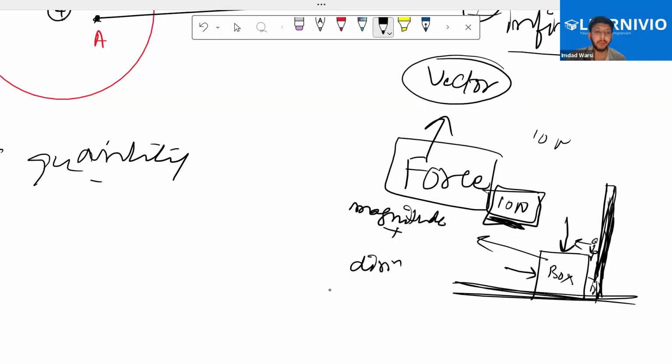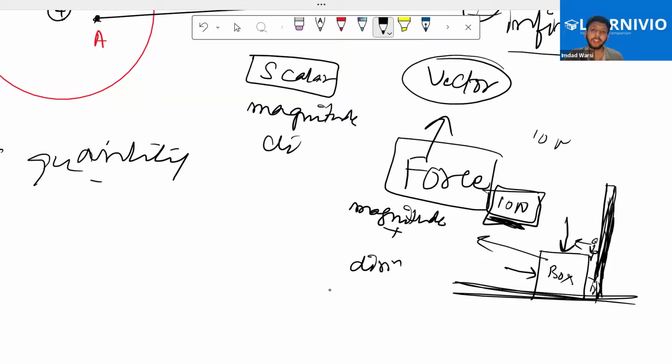On the other side is a scalar quantity. Scalar quantity is the one in which only magnitude is required. We don't talk about direction here.